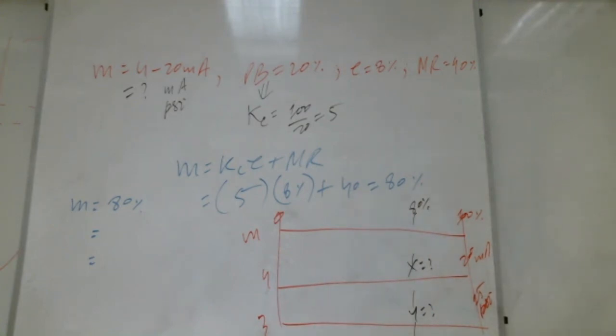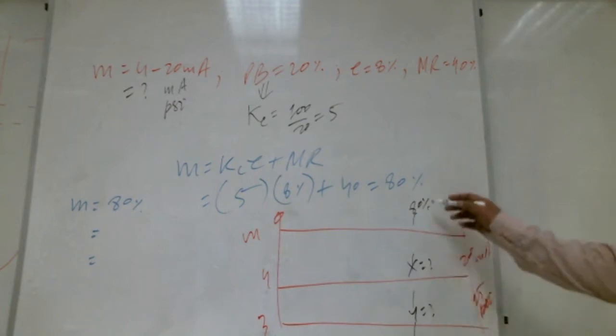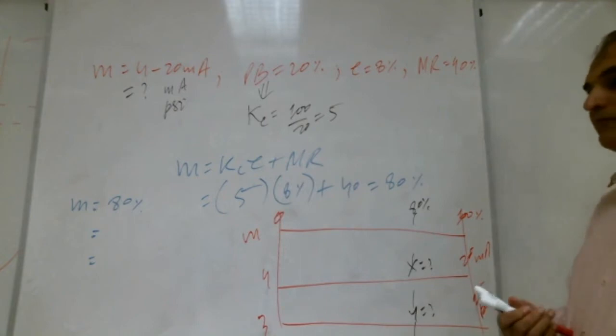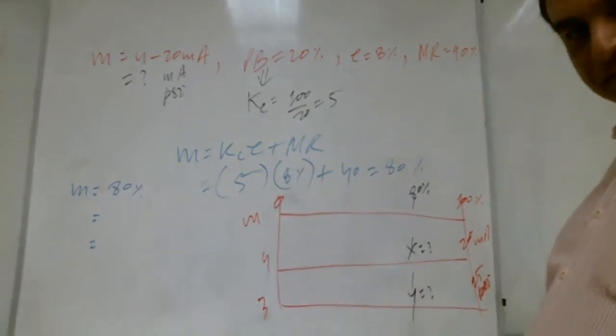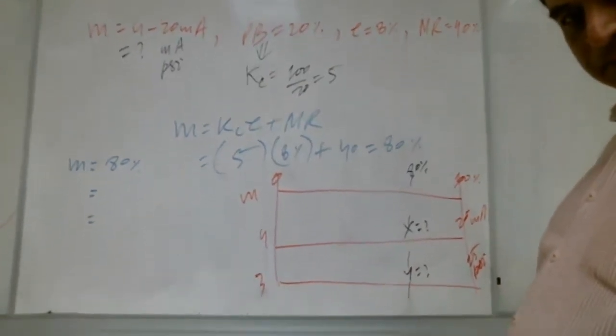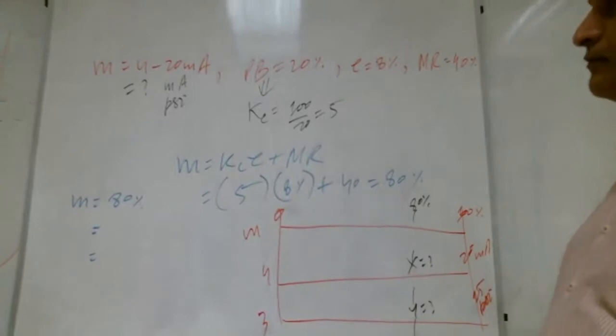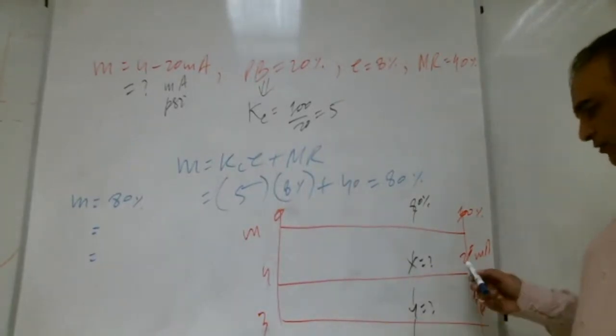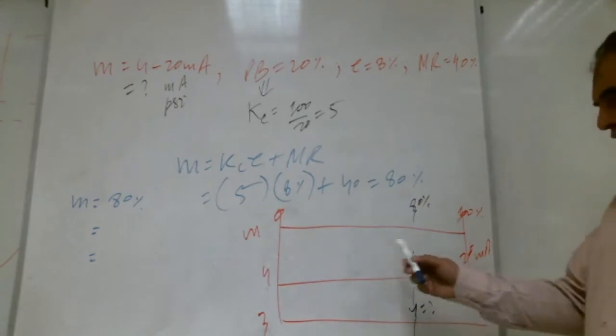Milliampere 5.28. Are you sure? It is 80%. Oh, I will do it again. Output is 80%. It will be 20.8. 20.8 is not possible. It is more than our range. Our range is 4 to 20.